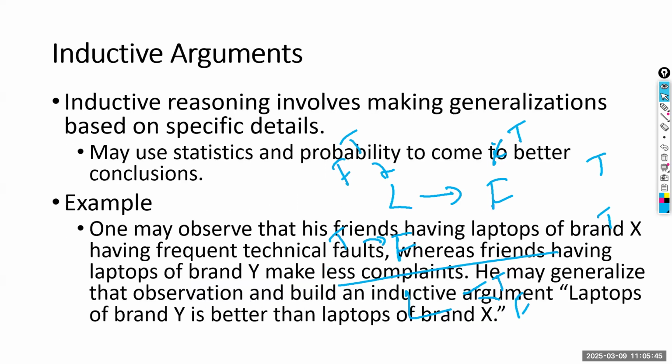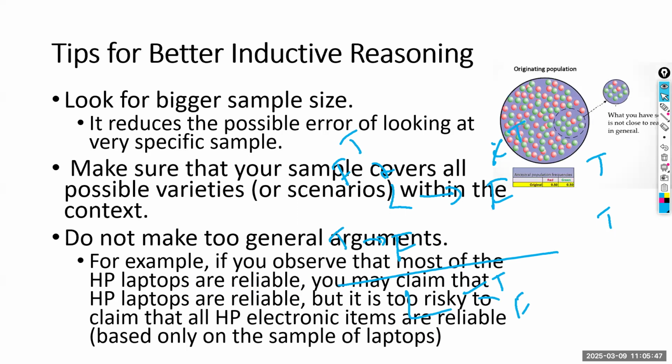Inductive arguments. Inductive arguments means we look at the evidence for the results and then try to build a theory. It's a different thing. So that means you analyze individual instances and try to come up with a theory by looking at them.